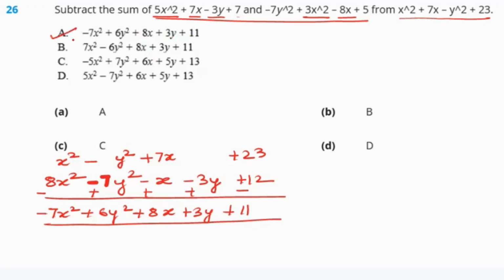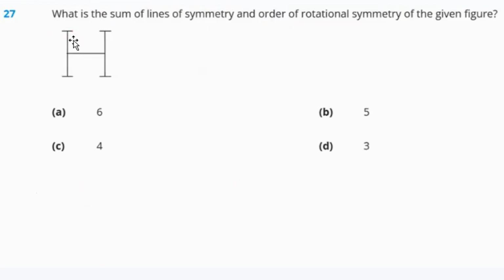Got it? Now let's move to the next question. The next question is asking what is the sum of the lines of symmetry and the order of rotational symmetry of the following figure. If we are talking about the lines of symmetry, how many lines of symmetry are there in this figure? We have two lines of symmetry.